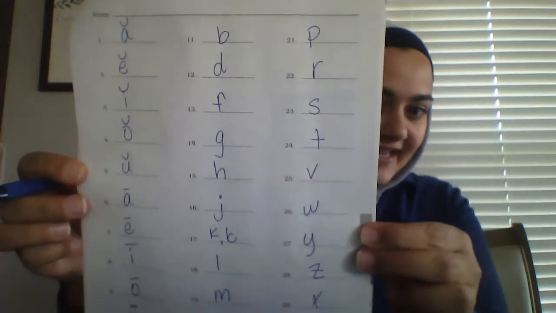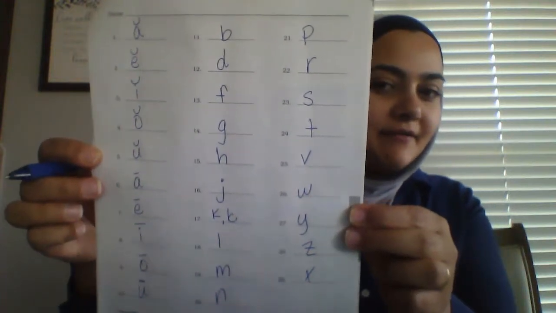And 29 is X. Your paper should look like this. If it does not, you can pause the video now and copy these down.